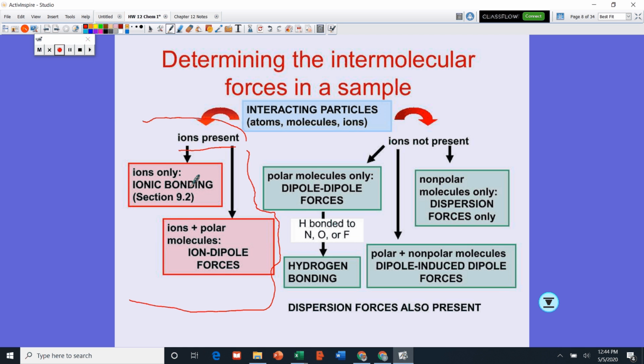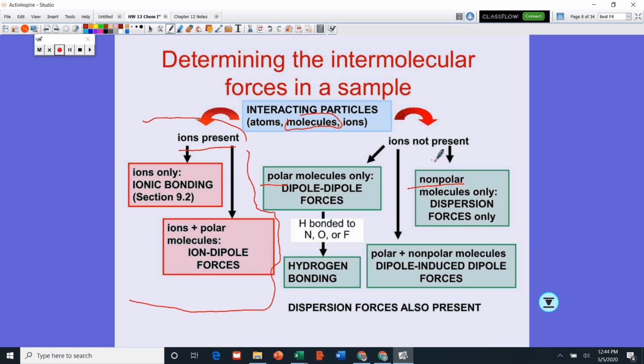All right. Now, getting into this other side, is it molecules present? So if there are no ions present, then it's got to be a molecule. So the next question that we ask, is it polar or nonpolar? All right.